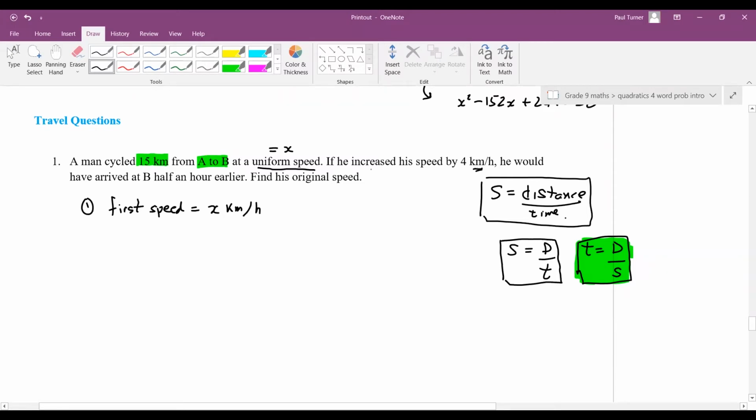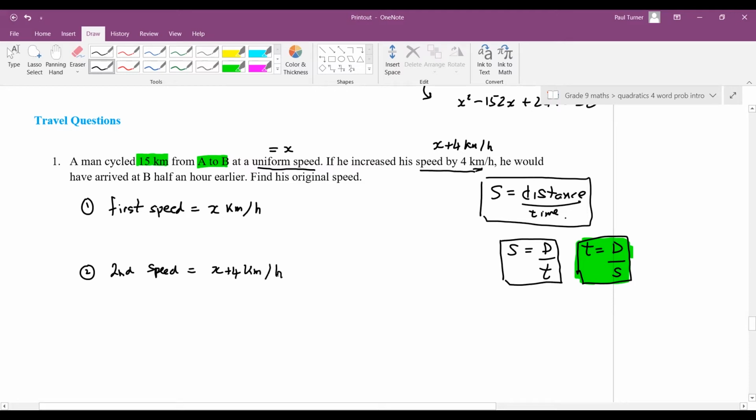So if he increased his speed by 4 kilometers, so his first speed, his initial speed was X. If you increase that by 4, that would become X plus 4, wouldn't it? Kilometers per hour. So let's call that the second speed here, or the new speed. So that's X plus 4 kilometers per hour.